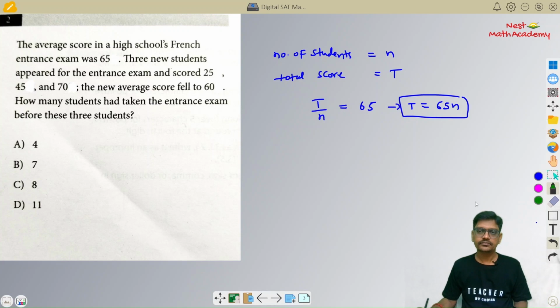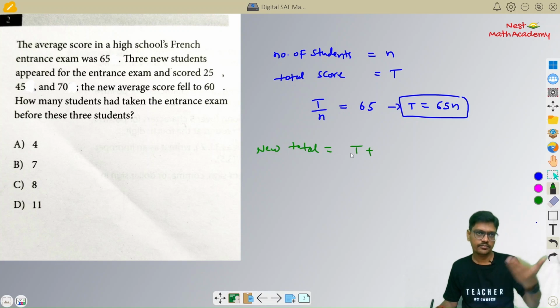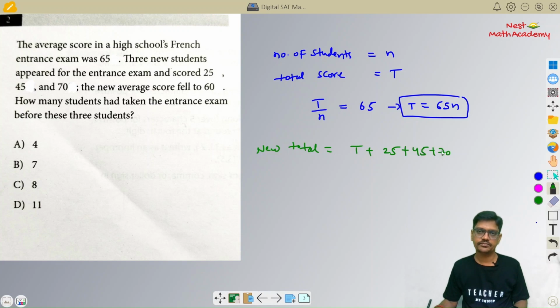Now the second part, three new students appeared for the entrance. The new total will be the old total plus the score by the new students, which is 25 plus 45 plus 70, which is equal to how much? 45, 5, 50, 20, 70, 70, 140.